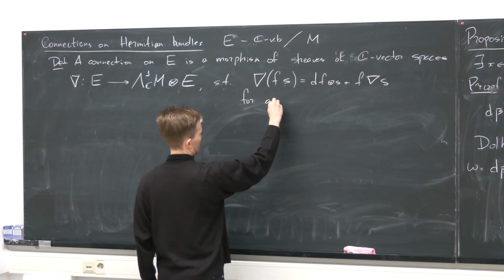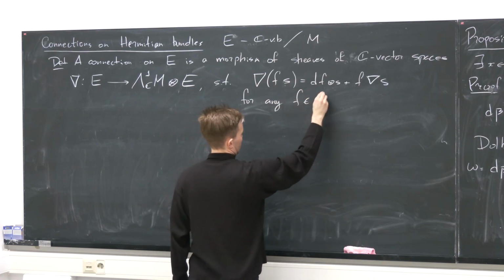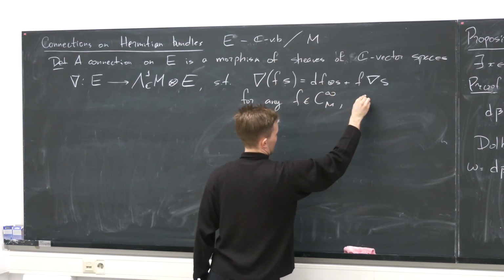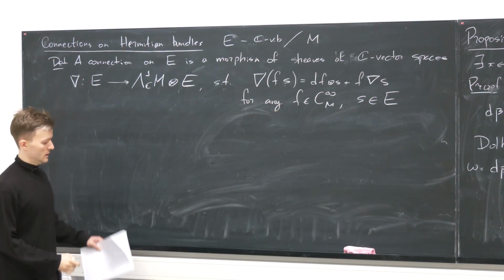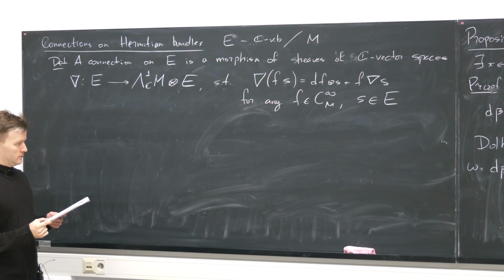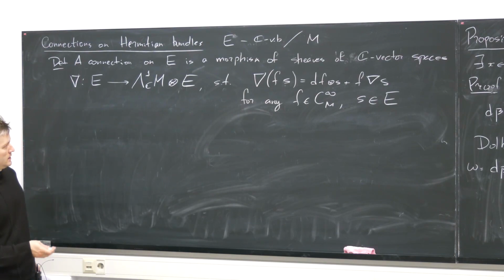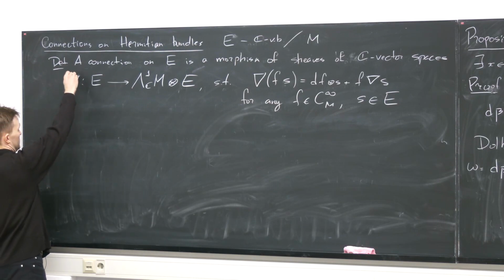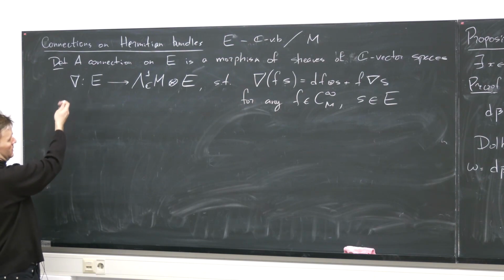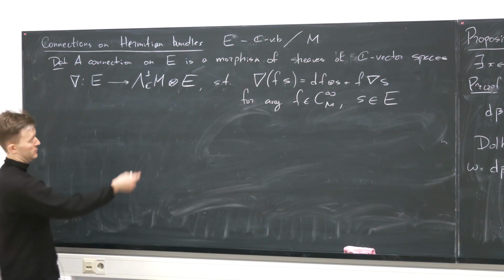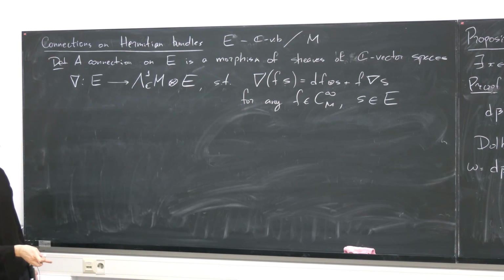This holds for any function and section of E. We already had a similar thing, right? The complex structure operator on E. The vector bundle is not holomorphic yet, so we don't have any holomorphic structure operator, but a connection is similar, the only difference is that here we have lambda 1 and not lambda 0,1.